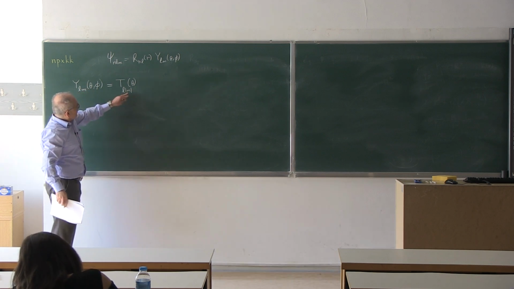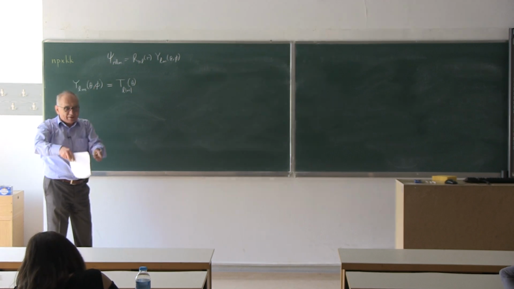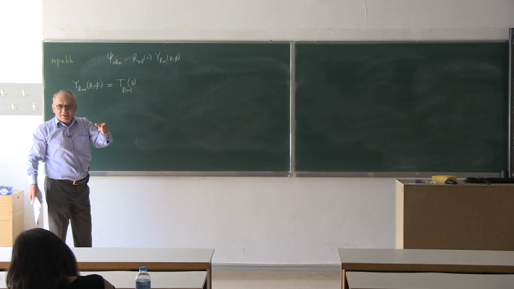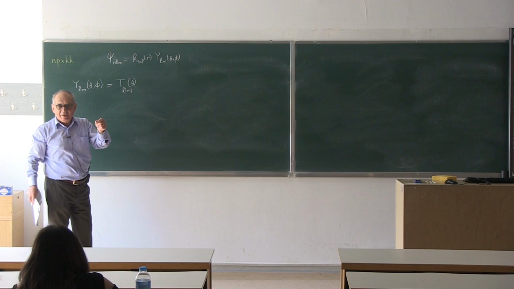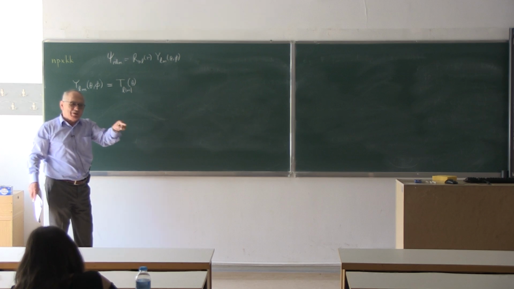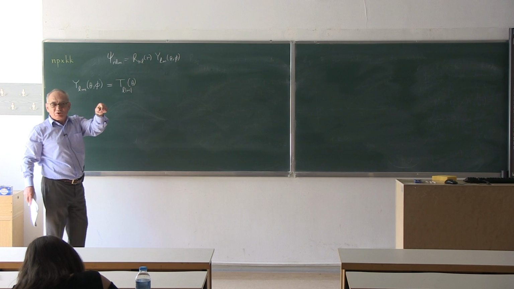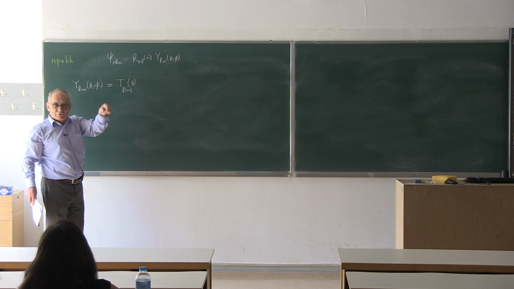But notice here I have placed m quantum number within 2 bars. It has a standard meaning. What does it mean? Absolute value. That means because m values can be either positive numbers or negative numbers, absolute value means you are going to use only the positive values for m.